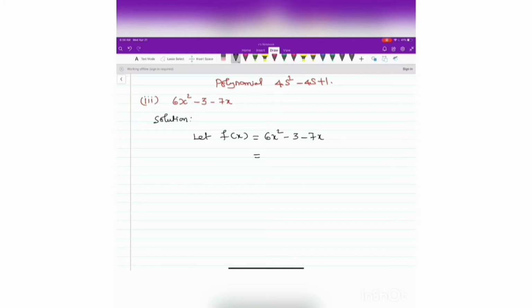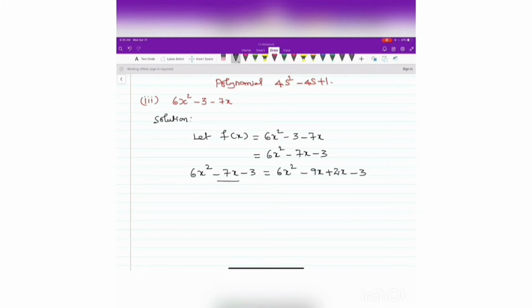I can write this, in descending power of x, as 6x square minus 7x minus 3. Now my aim is to factorize this polynomial by splitting the middle term. So 6x square minus 7x minus 3, I can write this as 6x square minus 9x plus 2x, then minus 3.